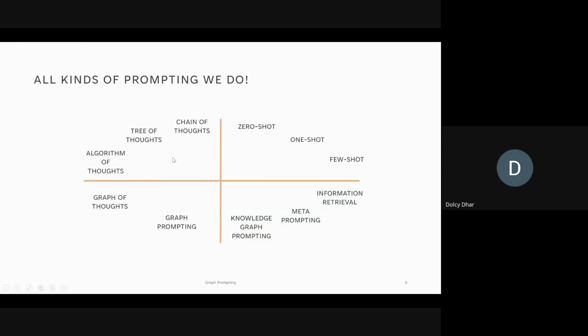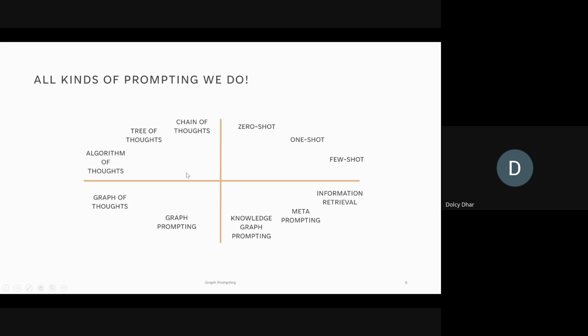Tree of thoughts is somewhat similar to decision trees, where you will be dividing at every step. You will be deciding whether the LLM will go to the left side of the tree or the right side of the tree, and that's how it will progress. Algorithm of thoughts, as you can read from the name itself, is where you specify a particular flow in a more complicated way.